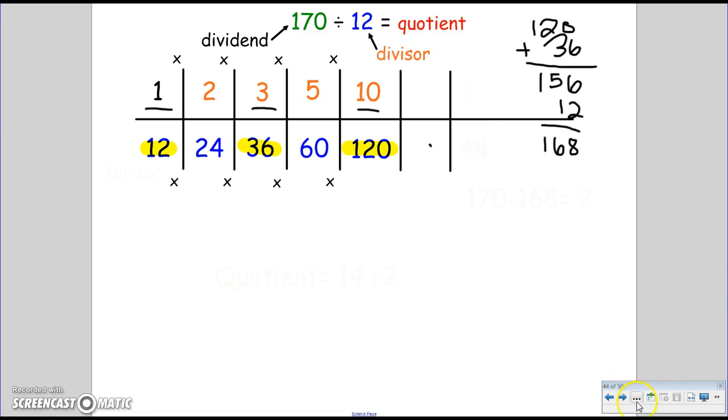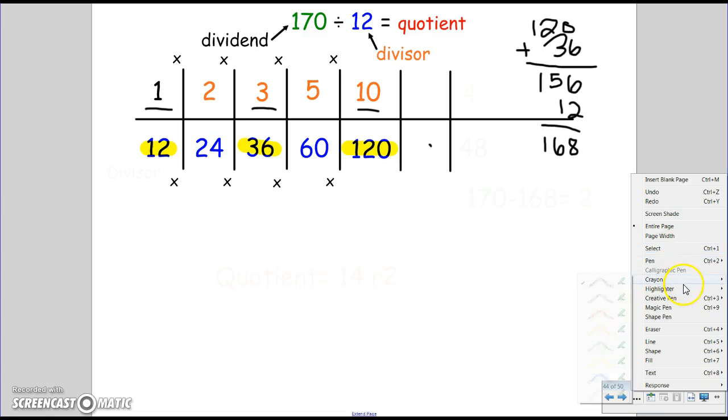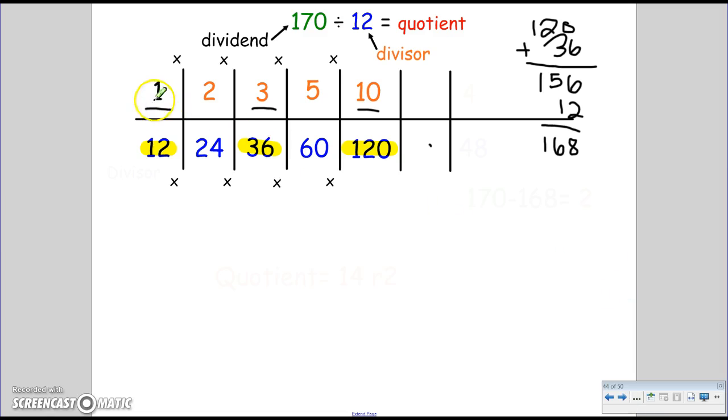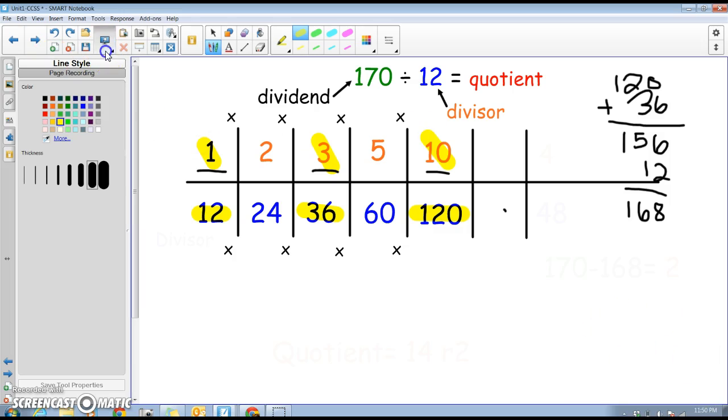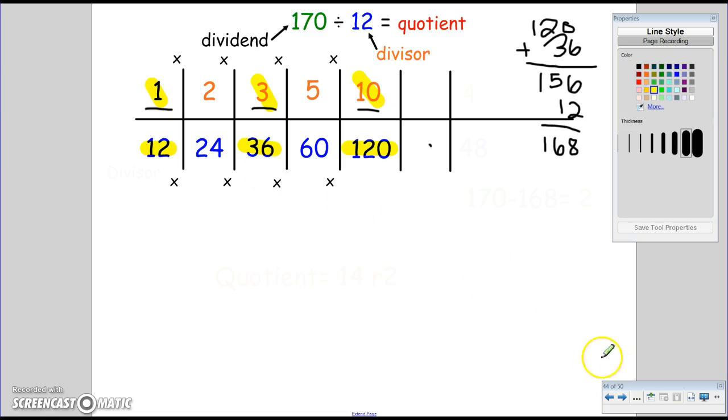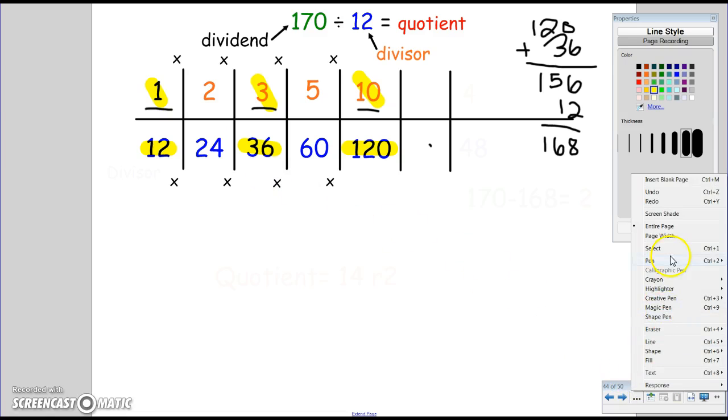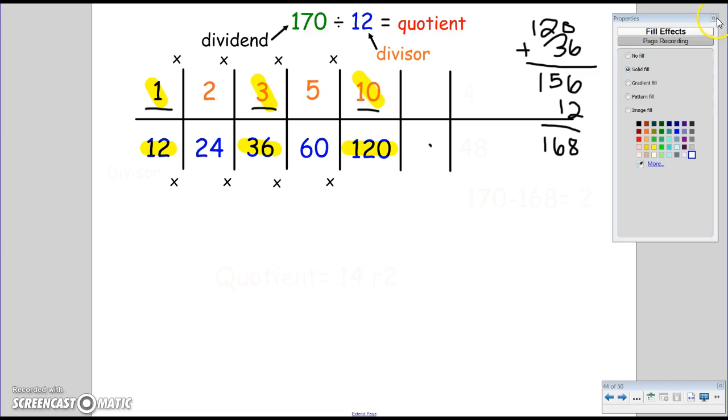In order to determine our quotient, we combine the numbers in the top row of our ratio table. 1 group of 12, 3 groups of 12, 10 groups of 12. When combined, 1 plus 3 plus 10 tells us that the quotient is 14. However, we have one minor problem.